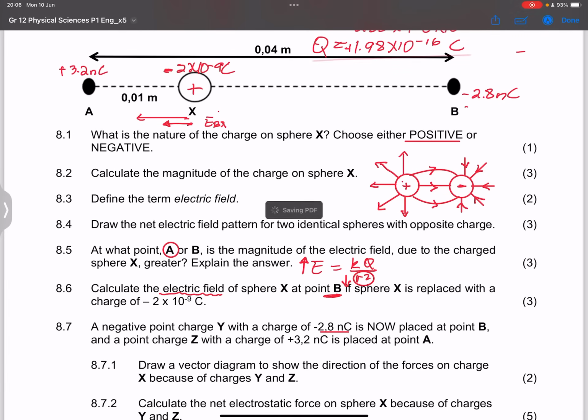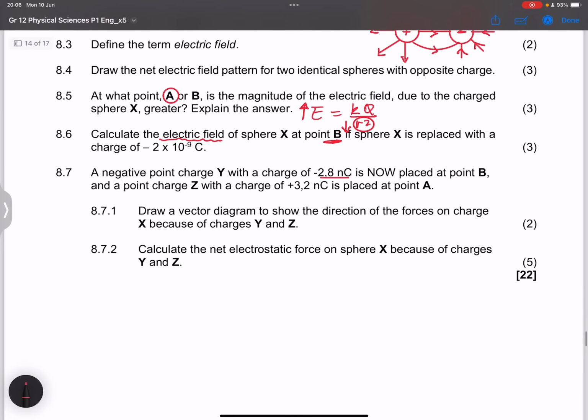So this is the force, and I set E there instead of F. So this is the force between B and X. This is the force between A and X. Okay, so I'm expecting the force between A and X to be much bigger because of that distance. All right, so they said we should draw that vector diagram.